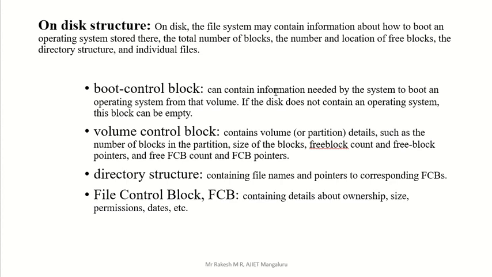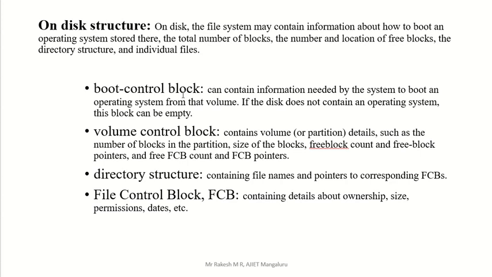It contains information needed by the system. Just see this line, definitely you can understand this. It contains information needed by the system to boot an operating system from that volume. If that disk does not contain an operating system, this block is empty.